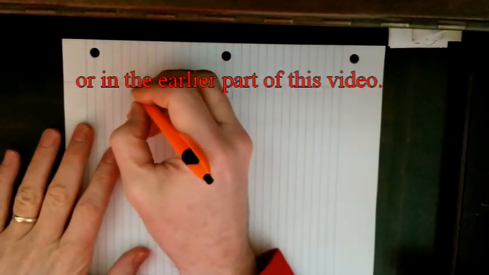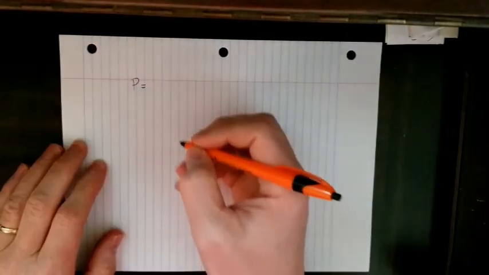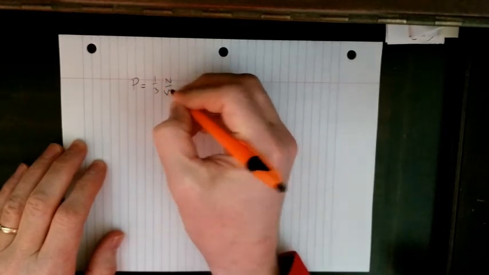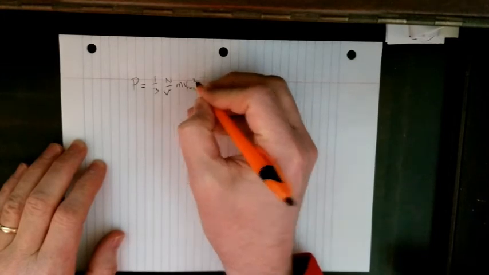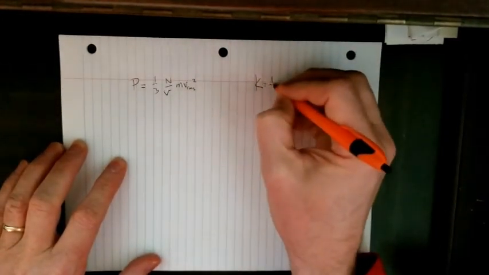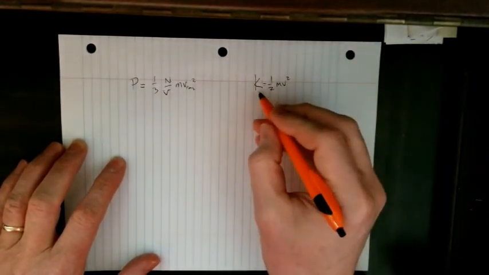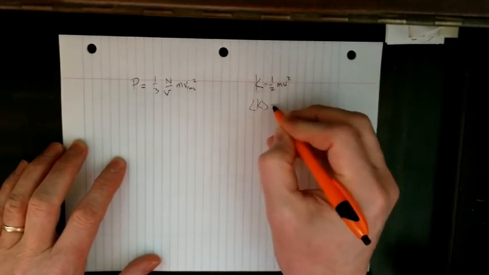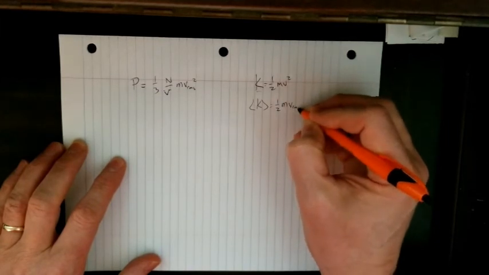In a previous video, we found that the pressure that a gas exerts on the side of a container is equal to 1/3 times the particle density times m VRMS squared. Now we know that kinetic energy is 1/2 mv squared. And so the average kinetic energy, it's a little bit of a hand wave there, is equal to 1/2 m VRMS squared.